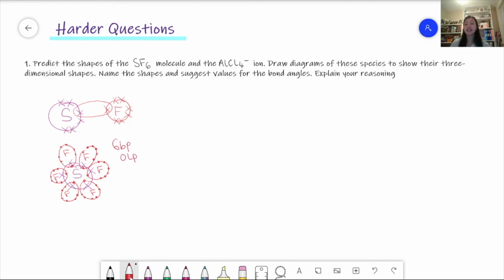I always write this at the side so it reminds me of what I have. And then I think back to the shapes of molecules that we learnt. And then I remember that this forms an octahedral shape.